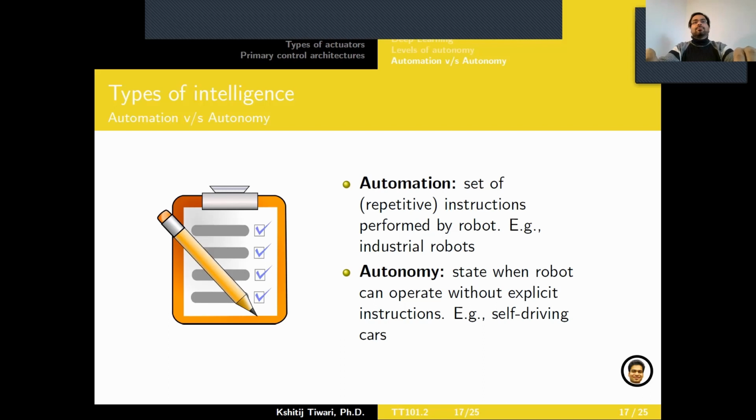Basically, things like autonomous driving robots, unmanned robots, where you do border patrolling, or drone racing or self-driving cars. So there's a different level of autonomy where you don't have to prepare the robot for everything. It learns as it goes, and then the robot can operate without an explicit list of commands that it needs to follow.